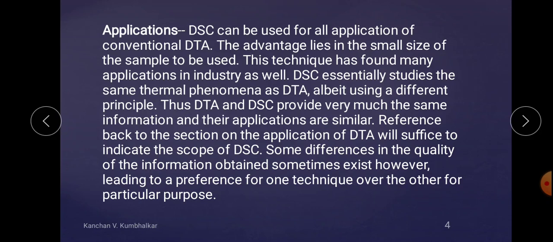Now we put on the y-axis delta H upon delta T value, and on the x-axis we put the temperature in Kelvin, and this graph is nothing but a DSC curve or DSC graph. But in DTA we are just plotting delta T, that is the difference in temperature of reference and sample. The basic principle is the same.